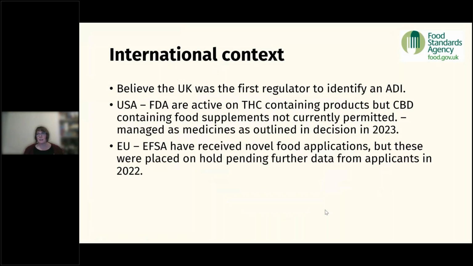So it does seem to suggest that there are some similar questions coming up in terms of cannabidiol and its safety and what data might be needed, and similar thinking in terms of how to make best use of that data. So hopefully that gives you a bit of an insight into some of the work we've been doing in the UK to think about the safety of CBD and the science that's underpinned it.